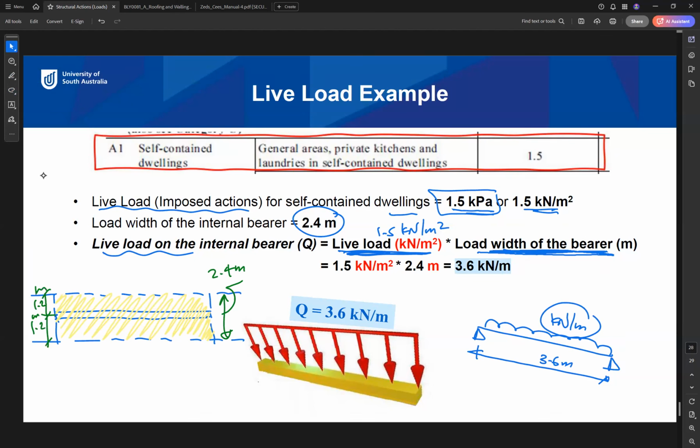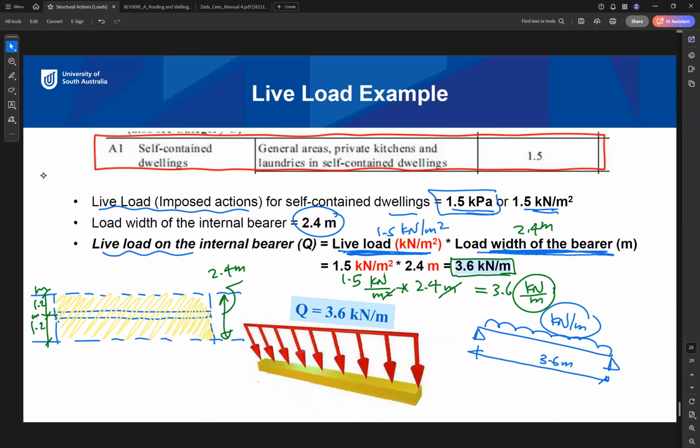So now the live load, 1.5 times 2.4 meter, gives us a value of 3.6 kilonewton per meter. So 1.5 kilonewton per square meter times 2.4 meter. Meter goes with the square, so we still have kilonewton per meter.